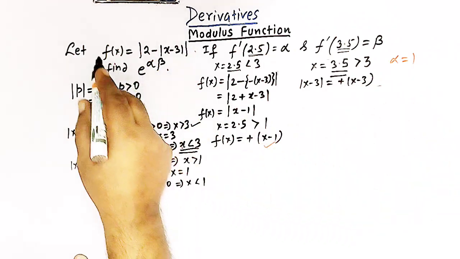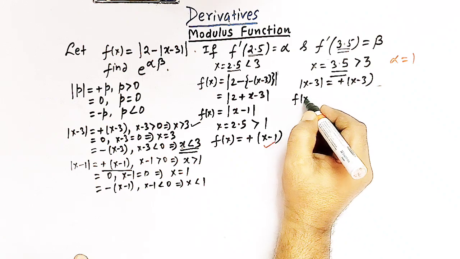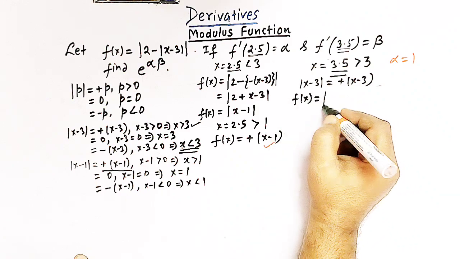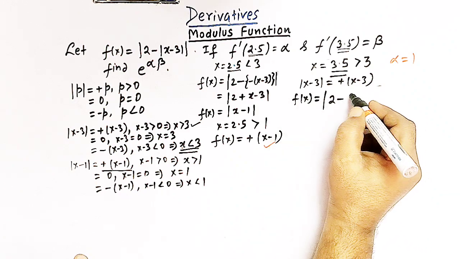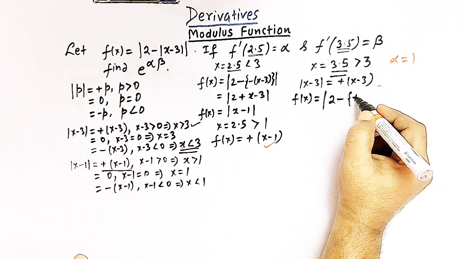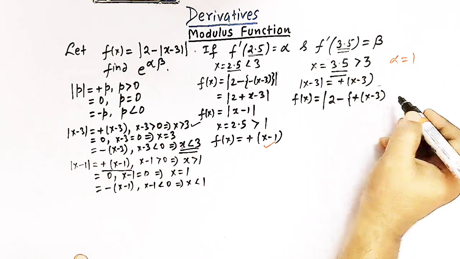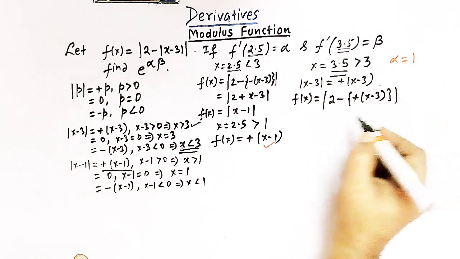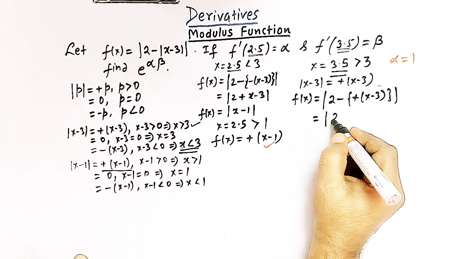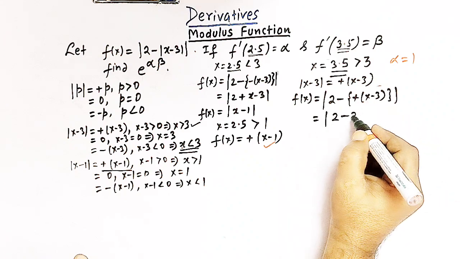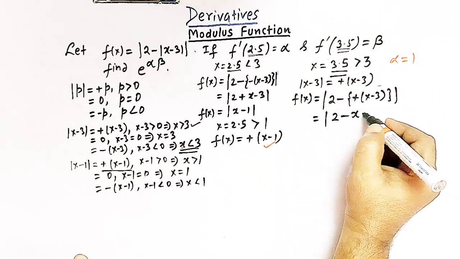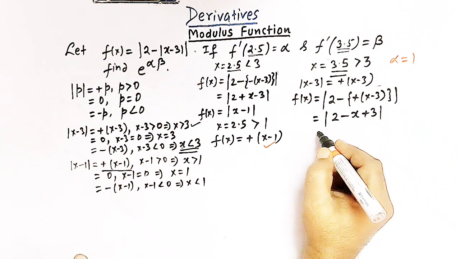So now this function f of x can be written as mod, and here we have 2 minus, and here we have positive x minus 3, right? So this is mod 2 minus, and here we have minus x, and this is plus, so we have plus 3.